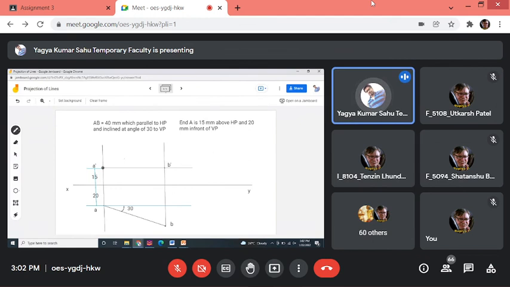So properly join A dash B dash parallel to XY. So these are the projections.